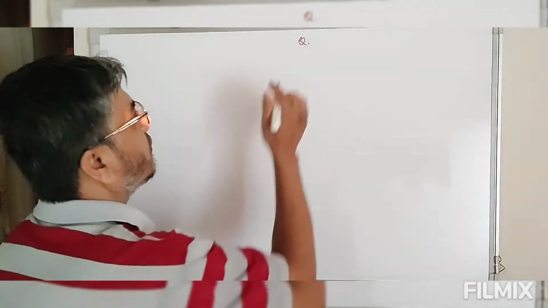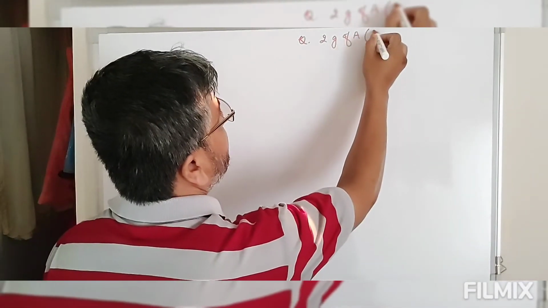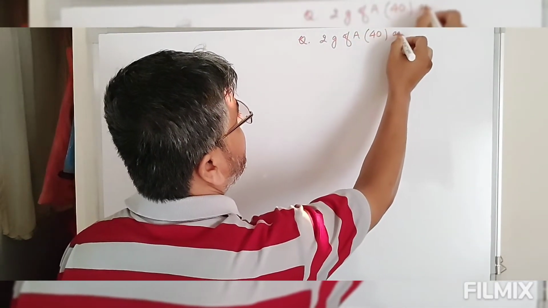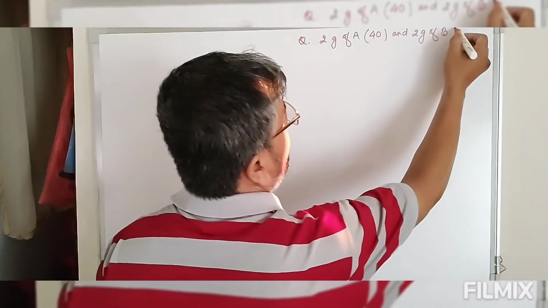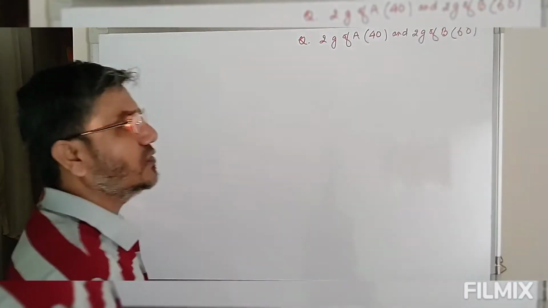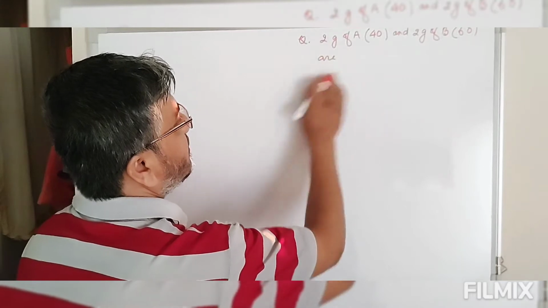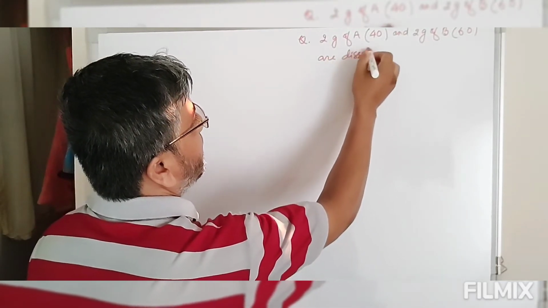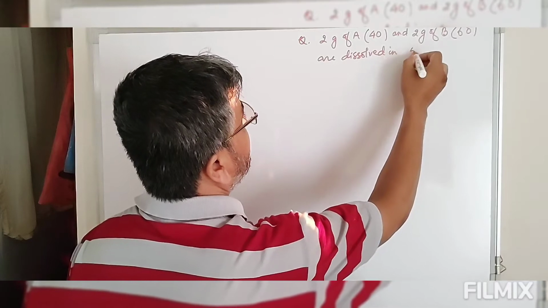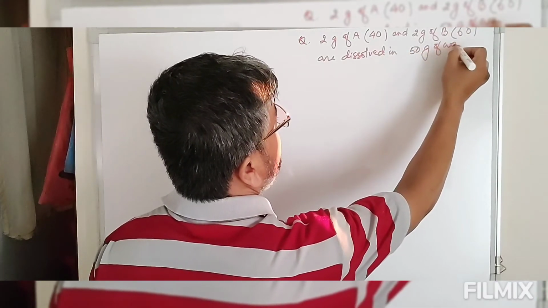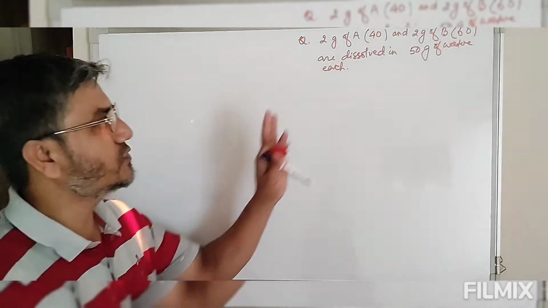Now, 2 gram of A, whose molecular mass is 40 gram per mole, and 2 gram of B, whose molecular mass is, let's say, 60 gram per mole, are dissolved in 50 gram of water each. So we have two solutes A and B.